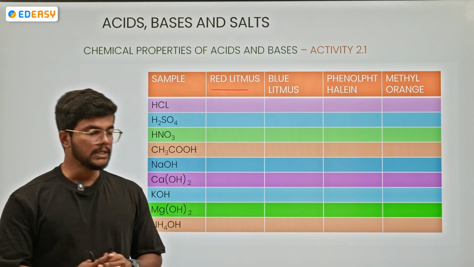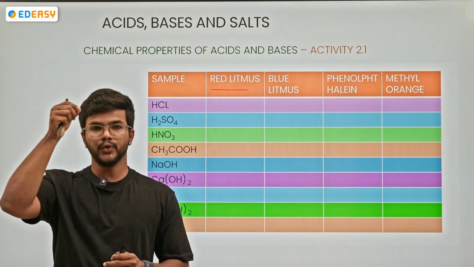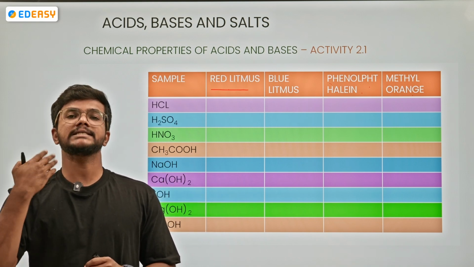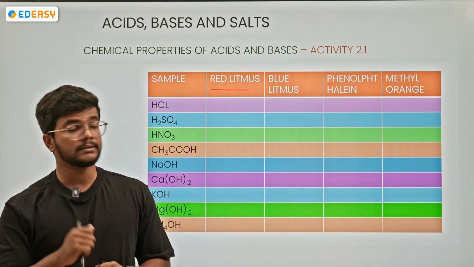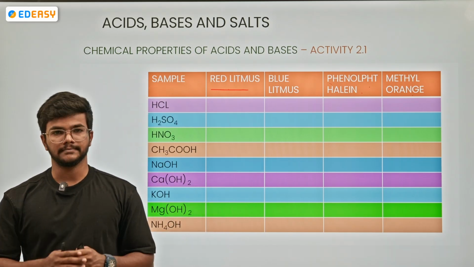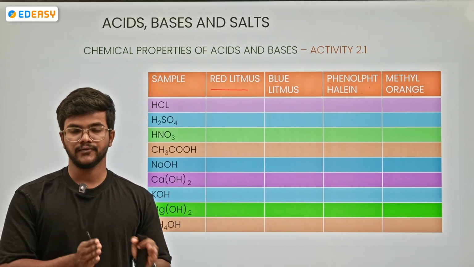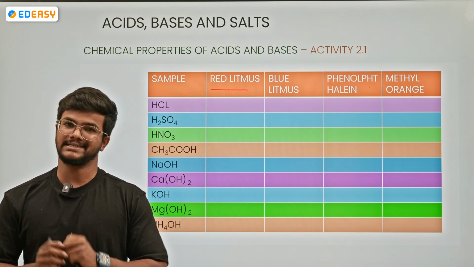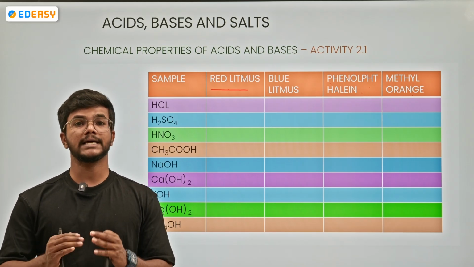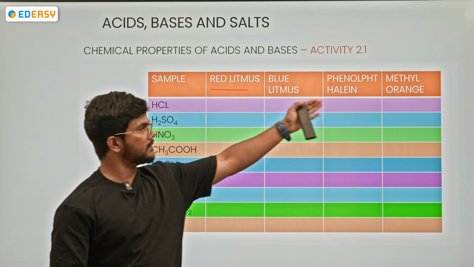If we take a base and drop a few drops of phenolphthalein indicator in it, it changes its color into pink. But in the acidic solution, it won't change its color. So phenolphthalein indicator indicates base, whereas it doesn't indicate the acid. It gives the same color in the acidic solution, whereas in the base it gives pink color. Okay, so methyl orange also.